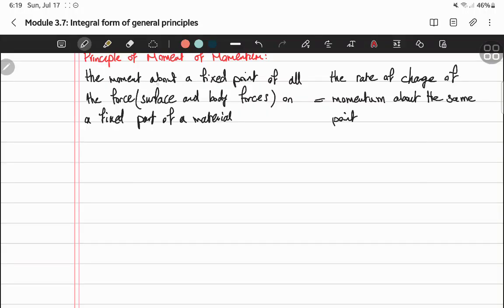So here, the moment about a fixed point of all the forces. You have some surface forces.